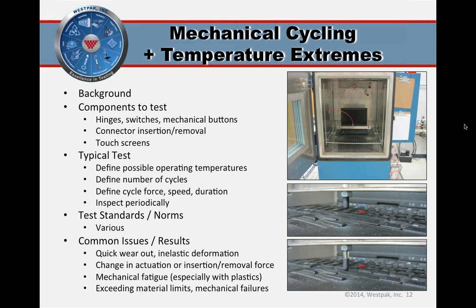Thanks, Mike. This mechanical cycling can include not only the actuation of buttons and knobs, but also the insertion and removal of styluses, the rotation of upper and lower body sections of a product, and a variety of other combinations in addition to what we call button cycling. When these events involve any kind of friction between two surfaces, the temperature of the surface can greatly affect the test results.